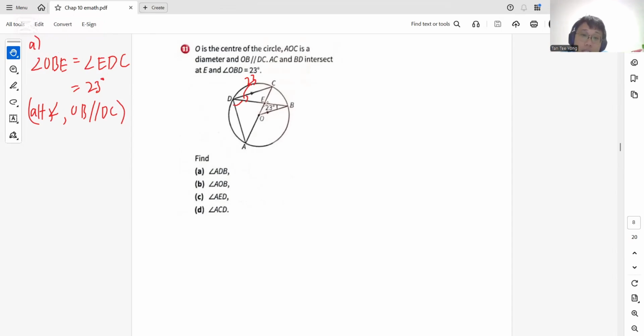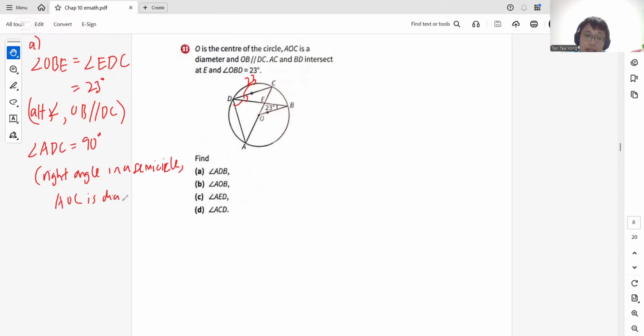And because AOC is the diameter, that means we know that angle ADC is equal to 90 degrees. How come? Because right angle in a semicircle, AOC is diameter.